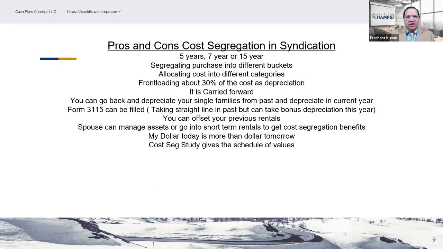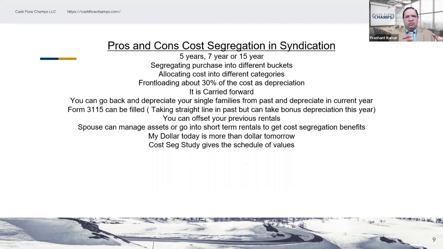Let's talk a little bit more. So what really happens in the syndication scenario, right? We divide the property into different categories. In bigger projects, like a $10 million, $20 million or $50 million project, an analysis is done, and the property is divided into different categories: 5-year category, 7-year category, and 15-year category.